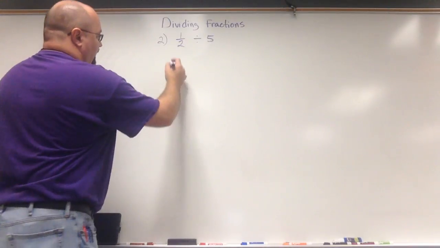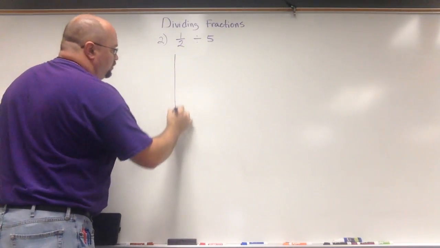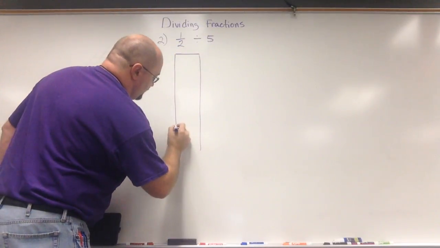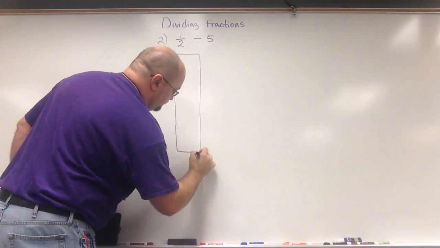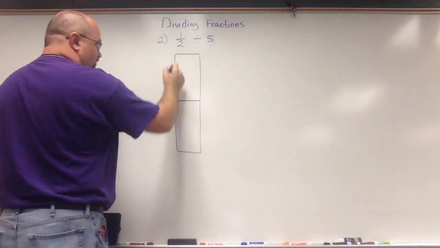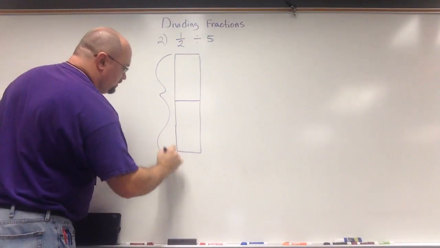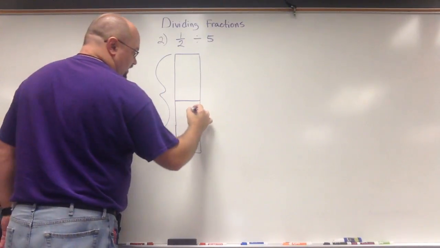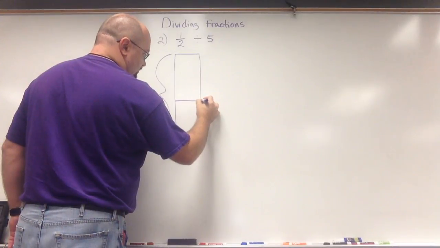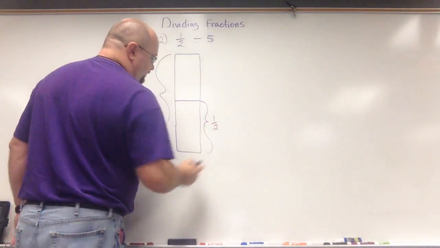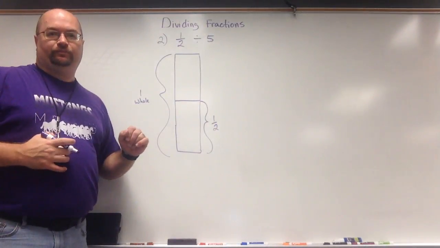Okay, so I'm going to do a bar because I think that'll be easier. So I've got this bar here. Okay, I've got this bar, and I'm going to separate my bar into 1/2. So this represents just one whole, and this is going to represent 1/2. Okay, so here's my 1/2.